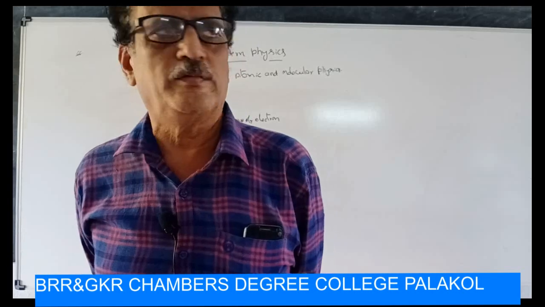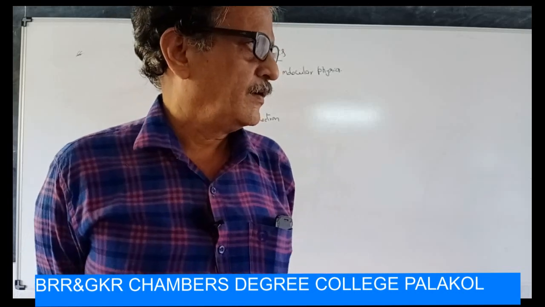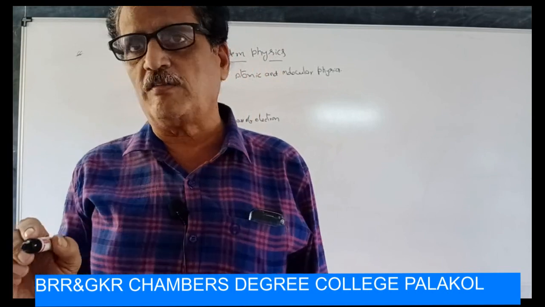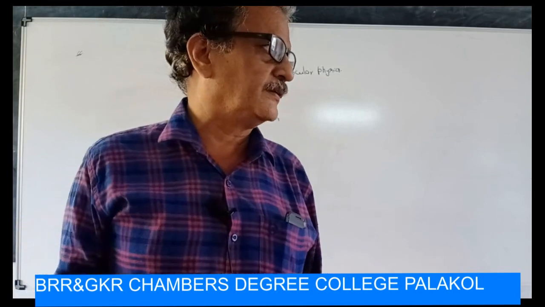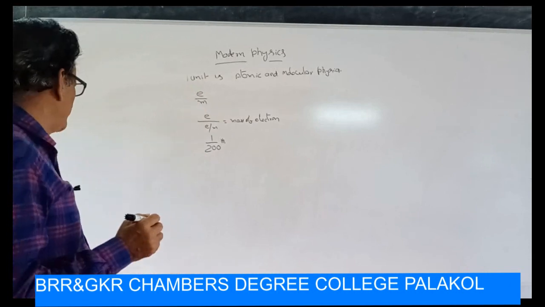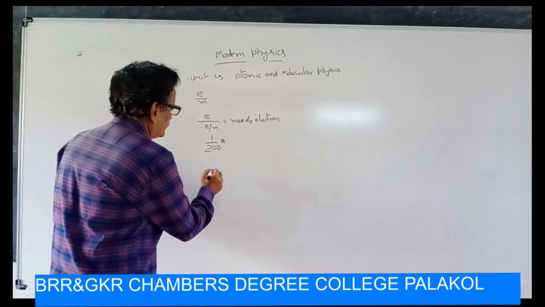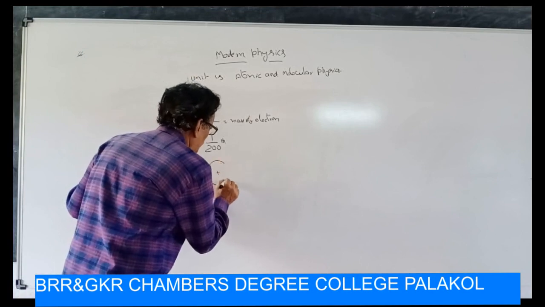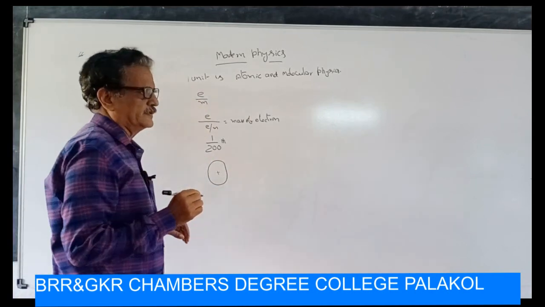The assumptions made by Bohr are as follows. The first one is that the electron revolves around the nucleus in circular orbits.